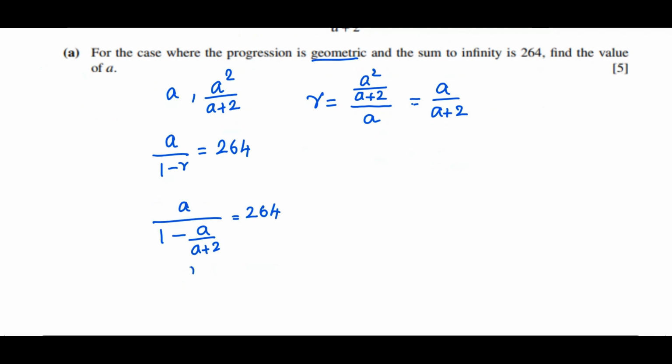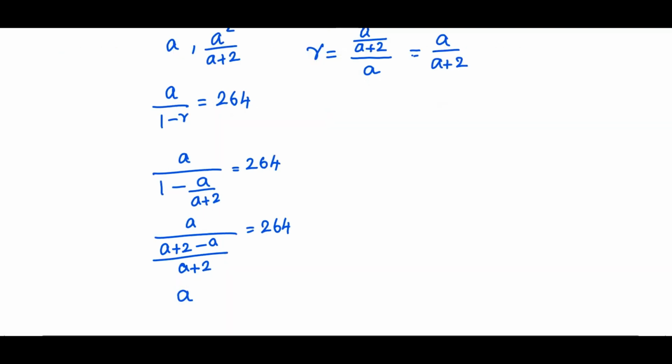This can be written as a divided by (a plus 2 minus a) divided by (a plus 2) equal to 264. So this can be written as a multiplied by (a plus 2) divided by 2 equal to 264.